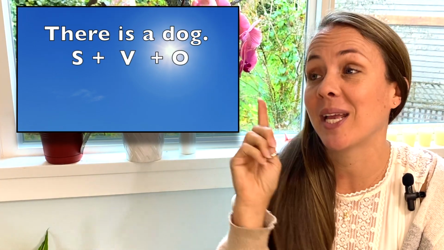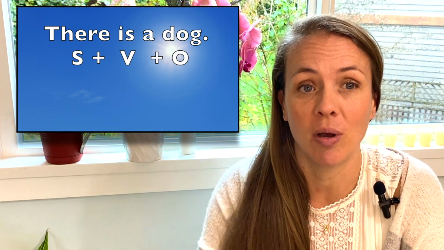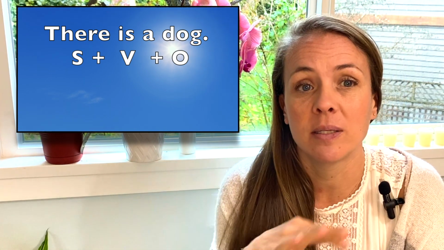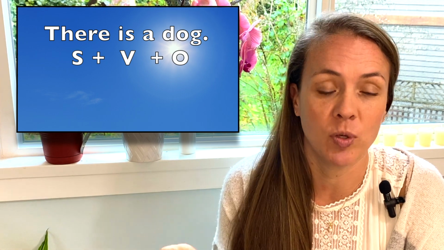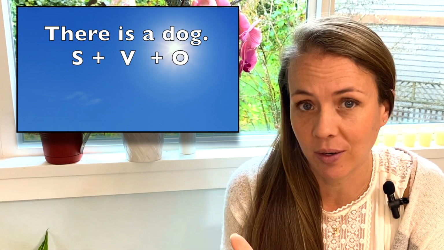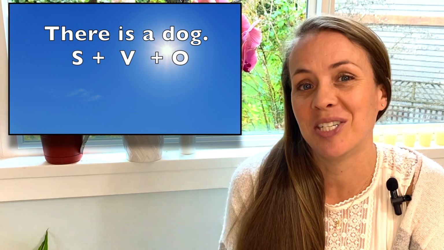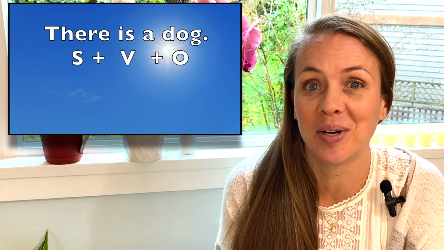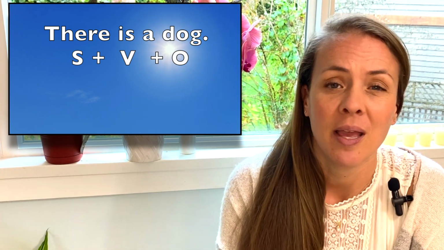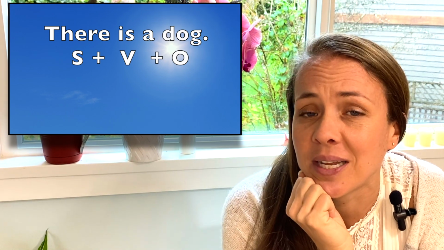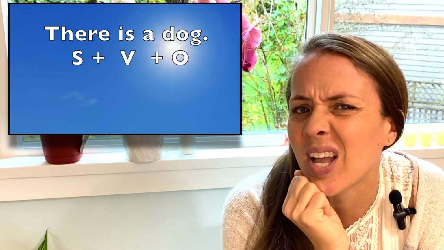Let's take a sentence. You've got "there is a dog." This is a very simple sentence, right? You've got your subject, there, is your verb, and a dog is your object. Is this an interesting sentence? Not really.